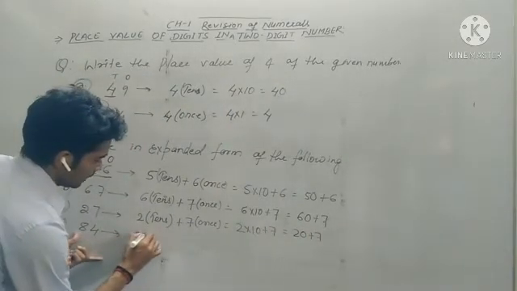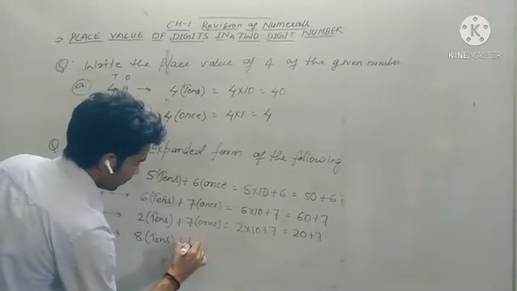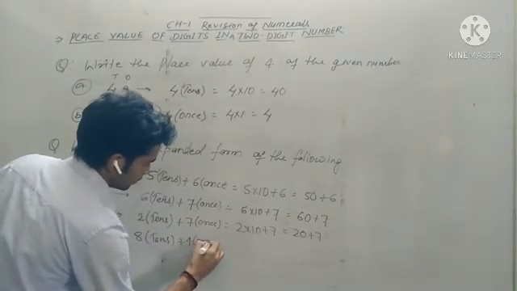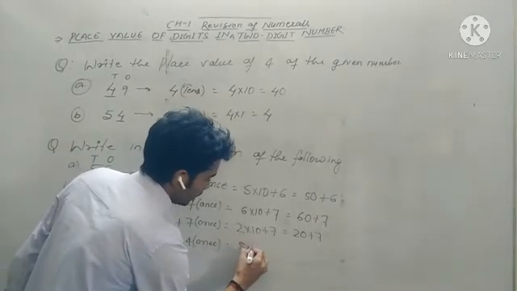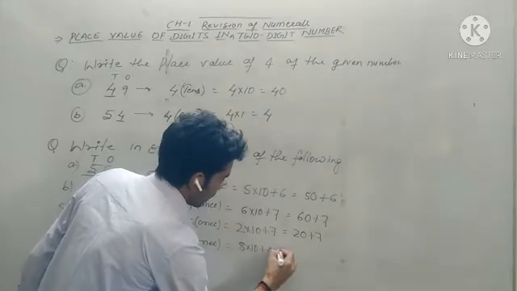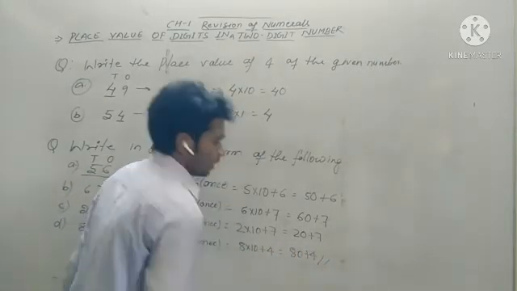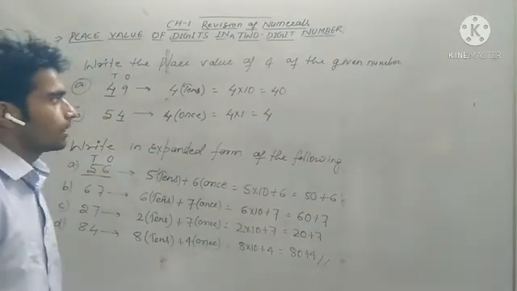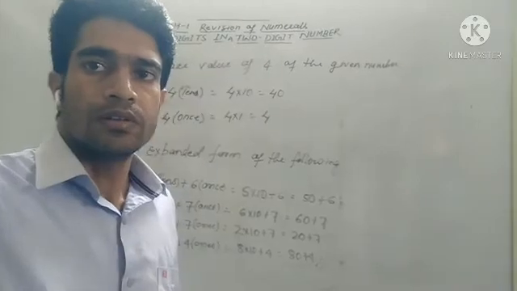So 8 is in the tens place plus 4 is in the ones place. So this is equal to 8 into 10 plus 4, and this is equal to 80 plus 4. Is it clear?